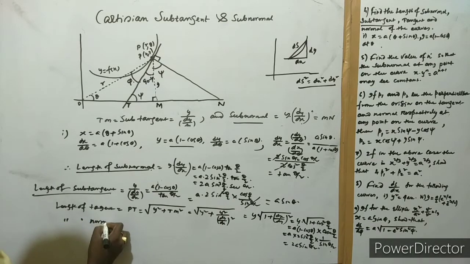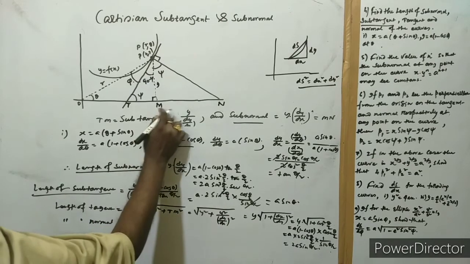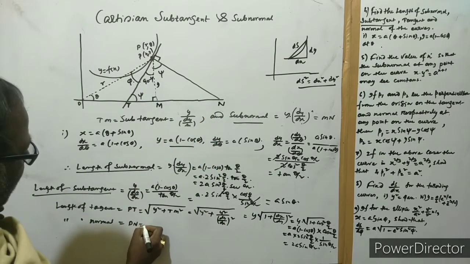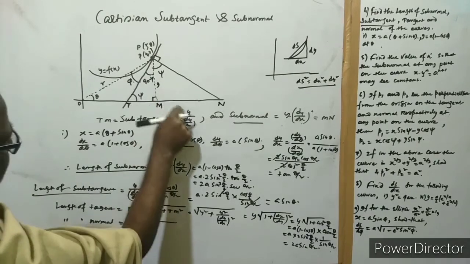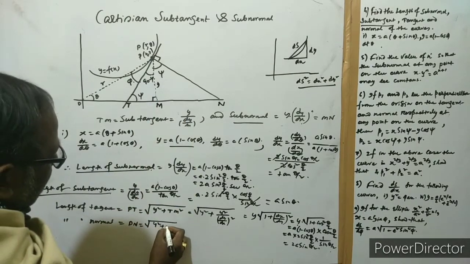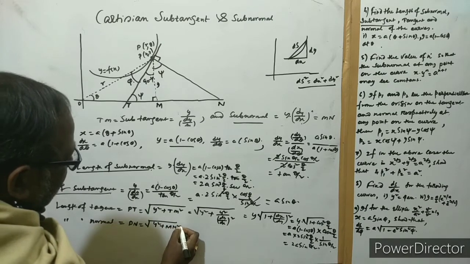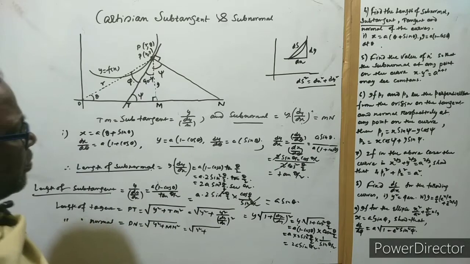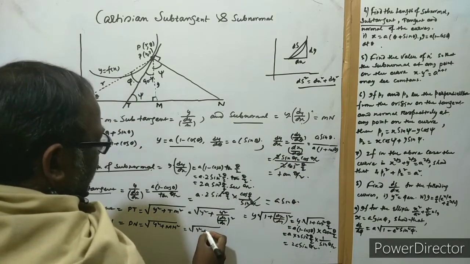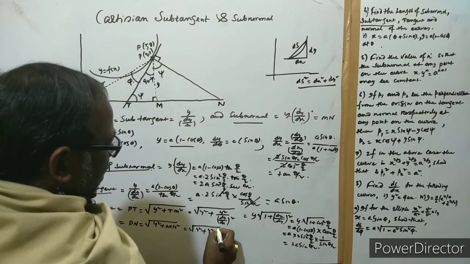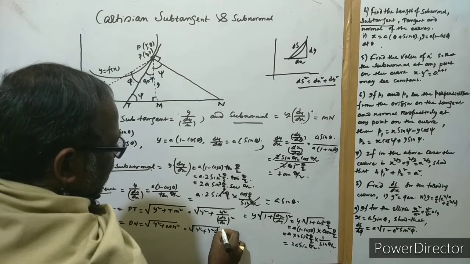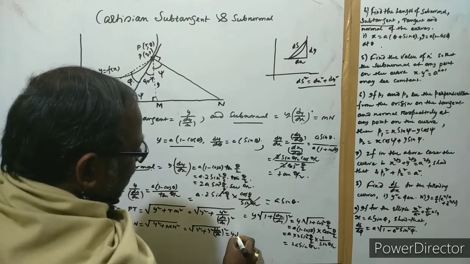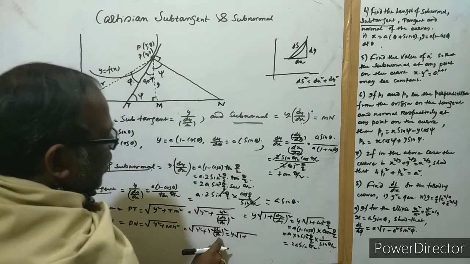Similarly you can find the length of normal, that is PN, and PN is equal to root of y square plus MN square. MN is y into dy by dx, so take y common, and under root of 1 plus dy by dx whole square.